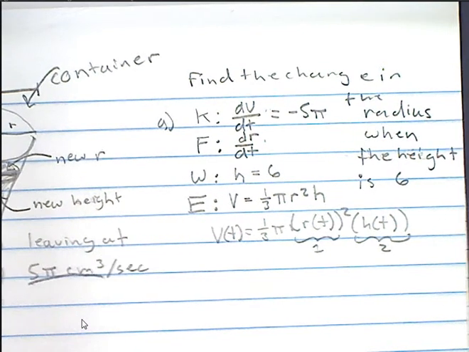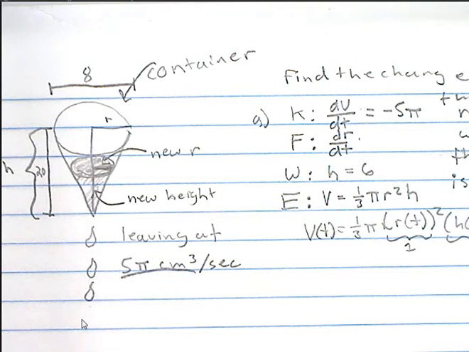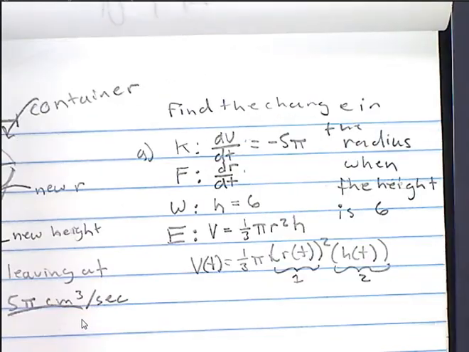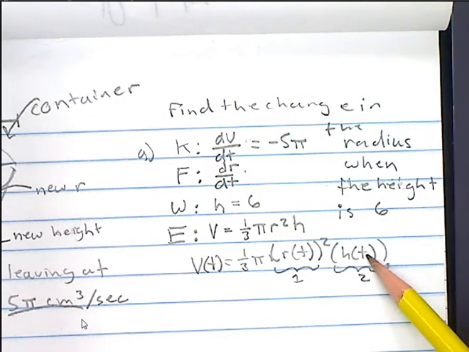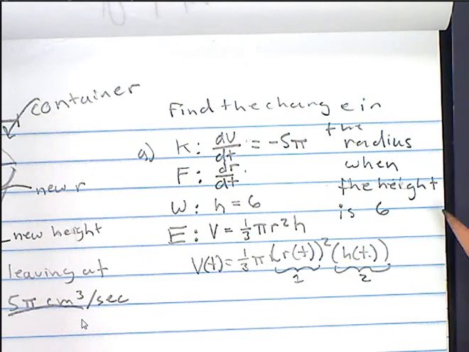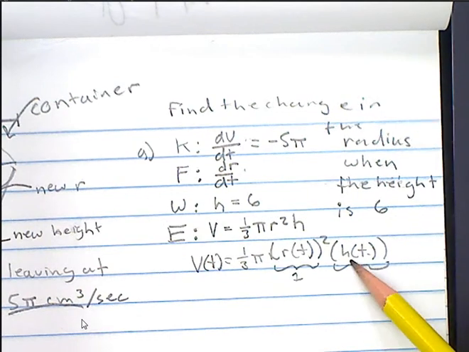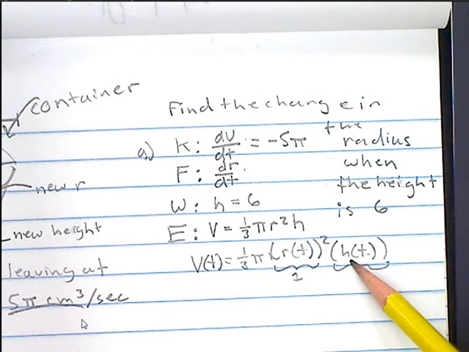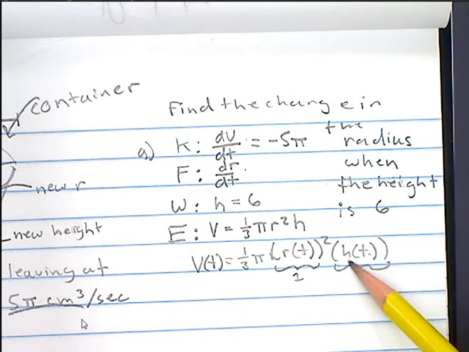Also, you might be asking, why can't I just plug in 6 for the height, so that I wouldn't have to mess with the height? Well, I can't do that, because the height is changing with respect to time. So I can't treat the height like a constant. It's a function on its own.